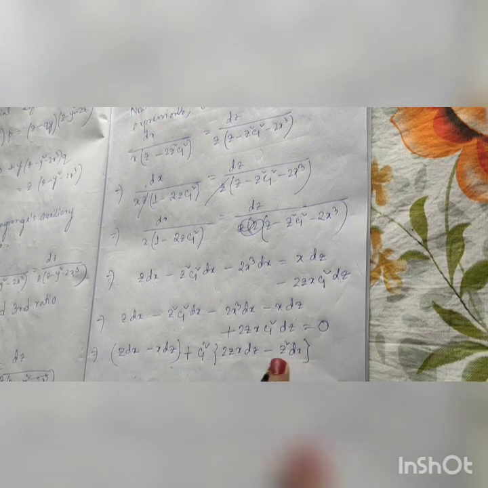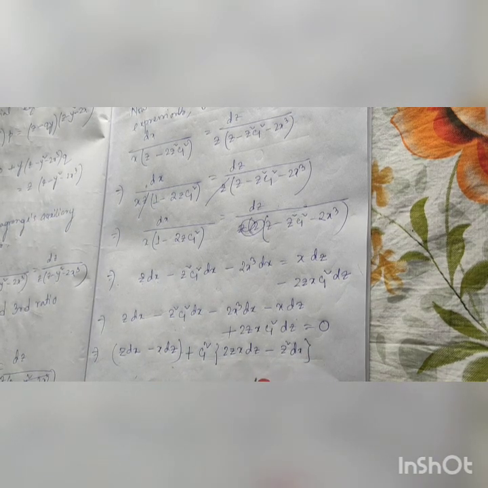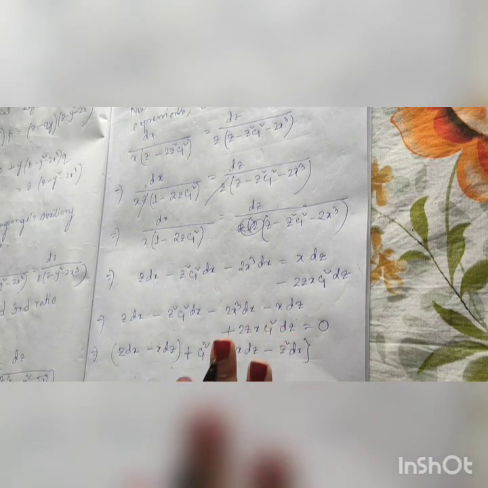Here also something is possible, because you can see the derivative of z square is 2z dz here and the derivative of x is dx here, and in between them a negative sign is present. What does it mean? If I divide it by x square, then this will be d of z square by x. I am coming to that point. So this and this done, and minus 2x cube dx.